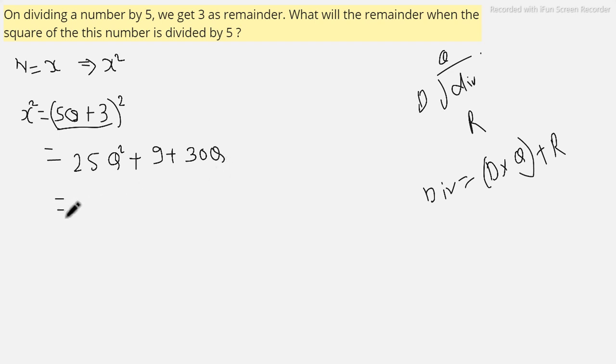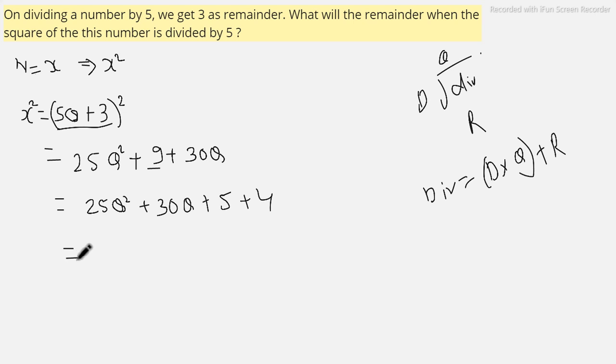Now if we further simplify this, because the number is divided by 5, we have to make it like divided by 5. So we can write 25q square plus 30q plus, we can write 9 as 5 plus 4.